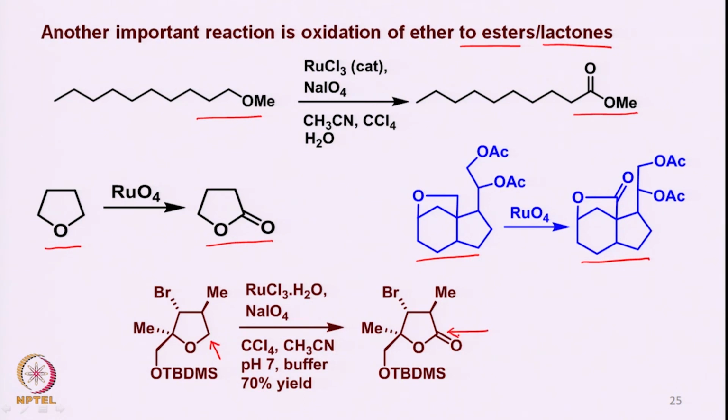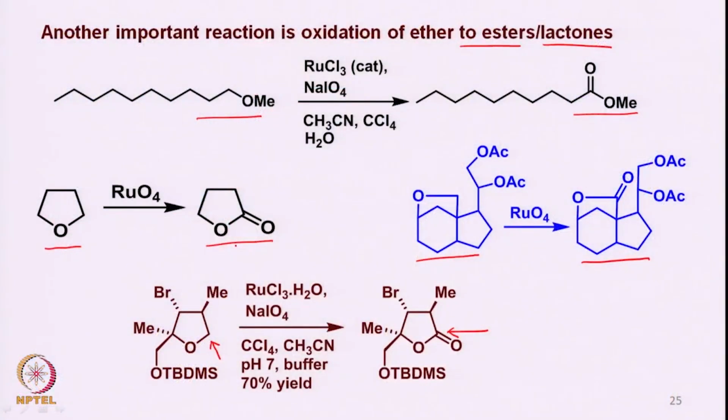Now, why should this happen? This happens mainly because, as we have discussed earlier, ruthenium tetroxide is a very powerful oxidant, and we cannot use solvents such as ether or pyridine or benzene, because they can also react. This is precisely the reason why ethers can form the corresponding ester, or cyclic ethers can form the corresponding lactone.